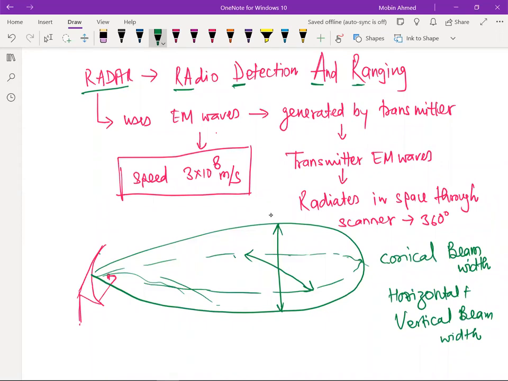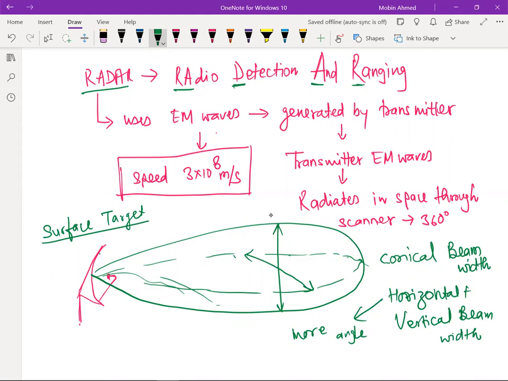Now generally it is used for the surface target, not for the air target. So generally the horizontal beam width is going to be more. This is the horizontal beam width. It is going to be a larger angle than the vertical beam width.